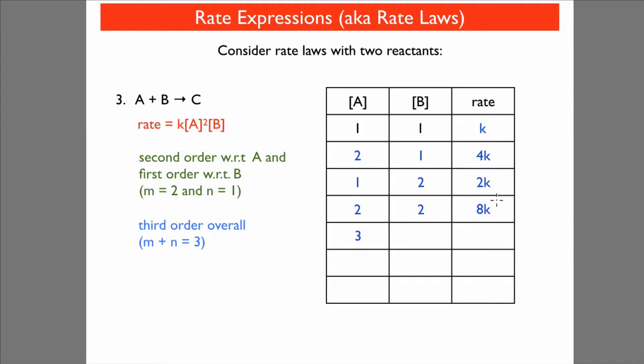If you triple A, we know that's going to be 3 squared, it's going to be 9 times 1, 9k. 1 squared is 1 times 3, it's going to give us 3k. And here we've got 3 squared is 9 times 3, which gives us 27. So if you triple the concentration of A and triple the concentration of B with this setup, with the second order and first order, you get an increase of 27 times. The rate will be 27 times quicker.